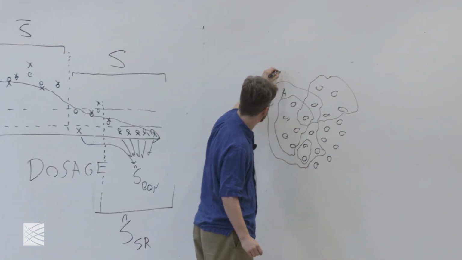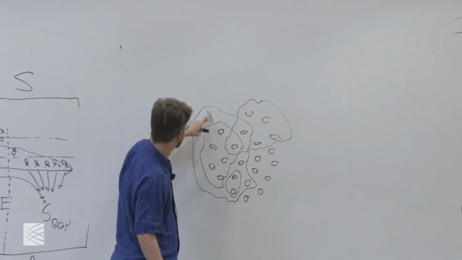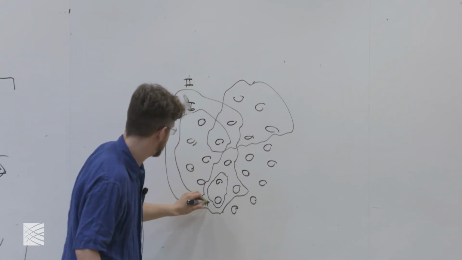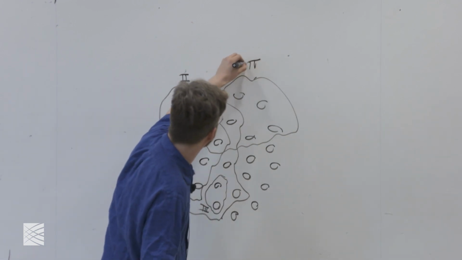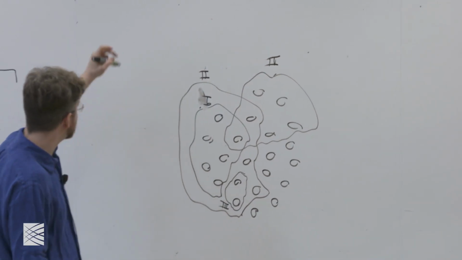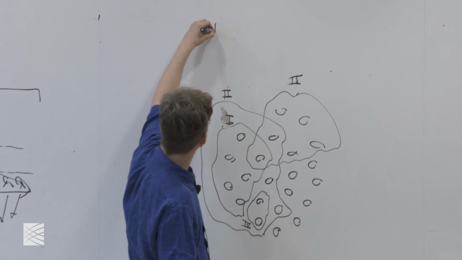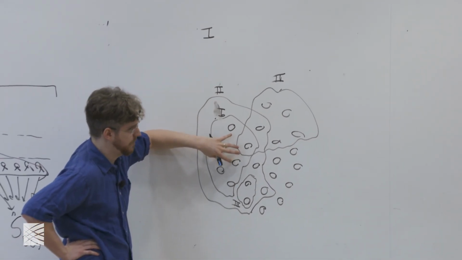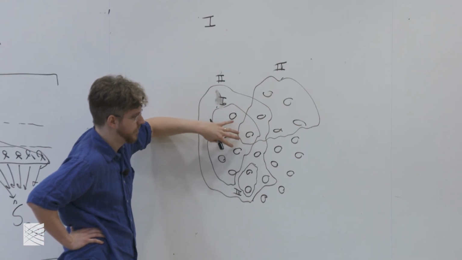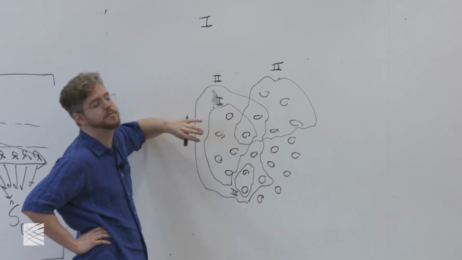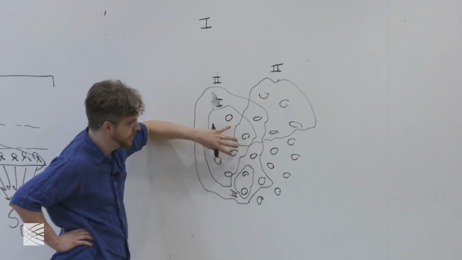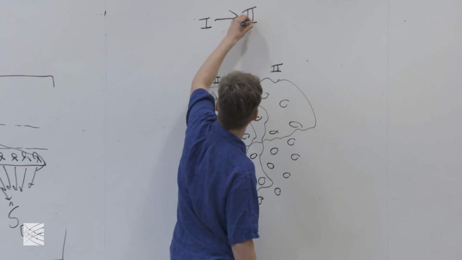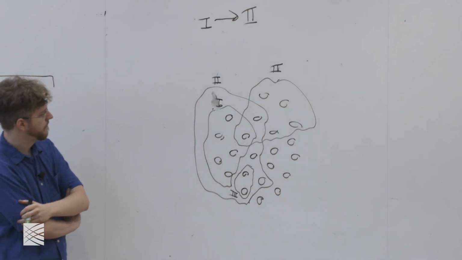So I'm just going to give these names. I'll call this group 1, group 2, group 3, group 4. So if I can reject the hypothesis that this group of genes is expressed the same between the two cell types, in other words, if I can convince myself that these genes are differentially expressed, then I know that at least some genes in group 2 are differentially expressed.